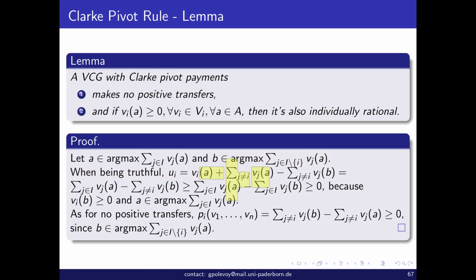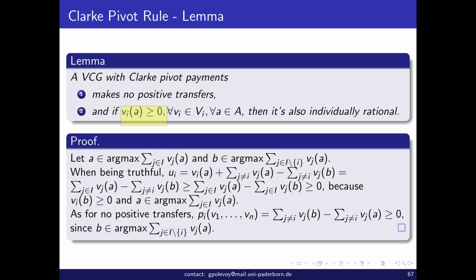So it's the social welfare, the sum of everything for the choice A, minus simply copying what the others feel when B is chosen, when we optimize for them. Now I can just add to this sum also the feeling of I when B is chosen, because we assume it's non-negative.